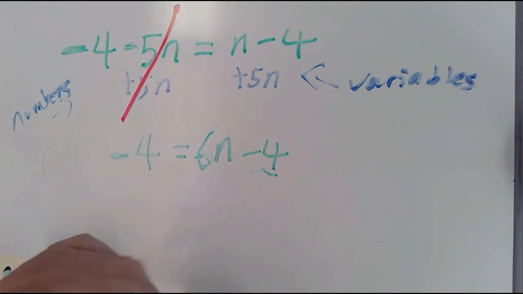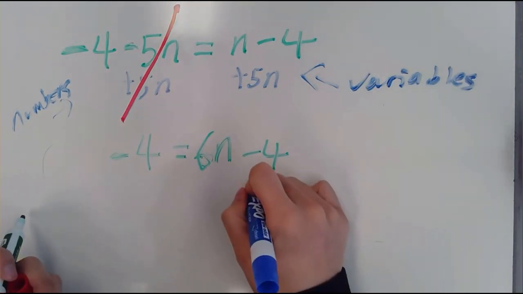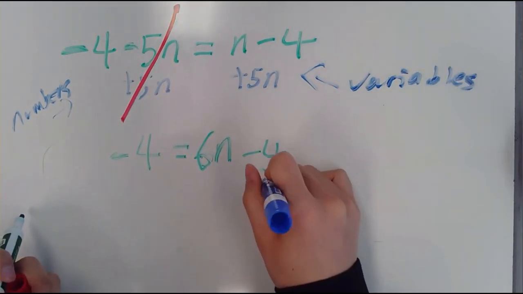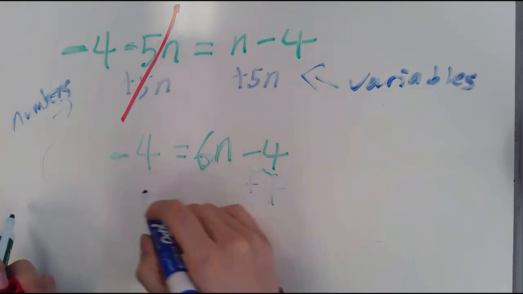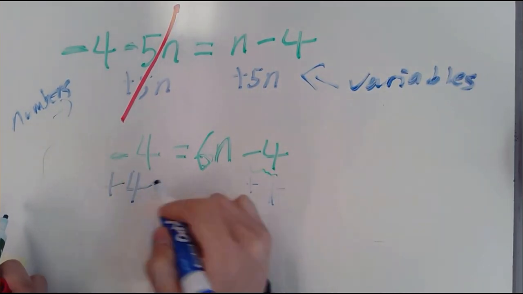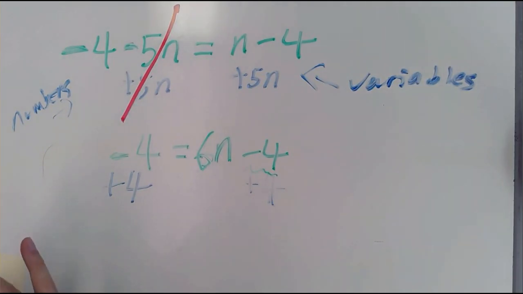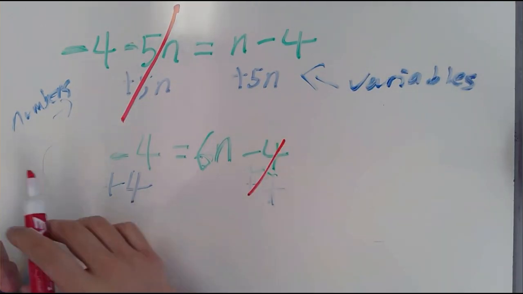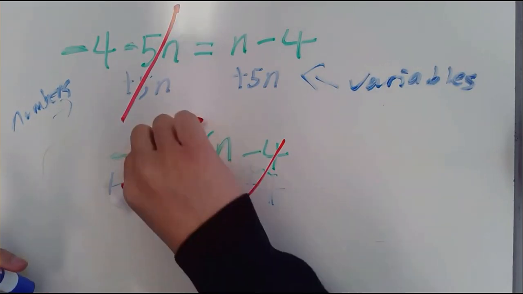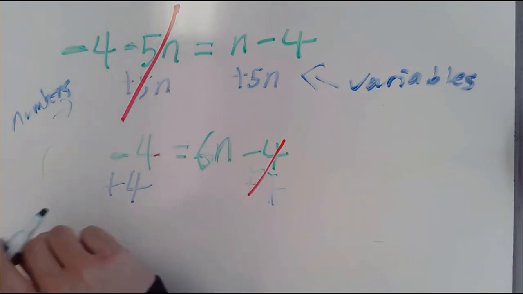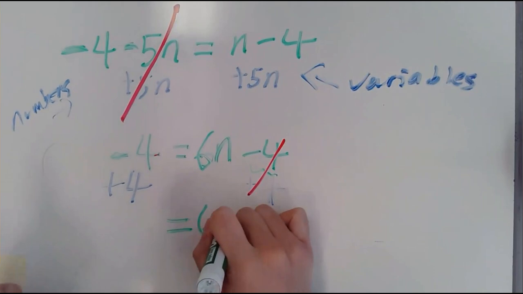And I can get rid of that minus 4 by doing plus 4. Then the minus 4 and plus 4 will get cancelled out. And on the right side, I'm going to be left with 6n.